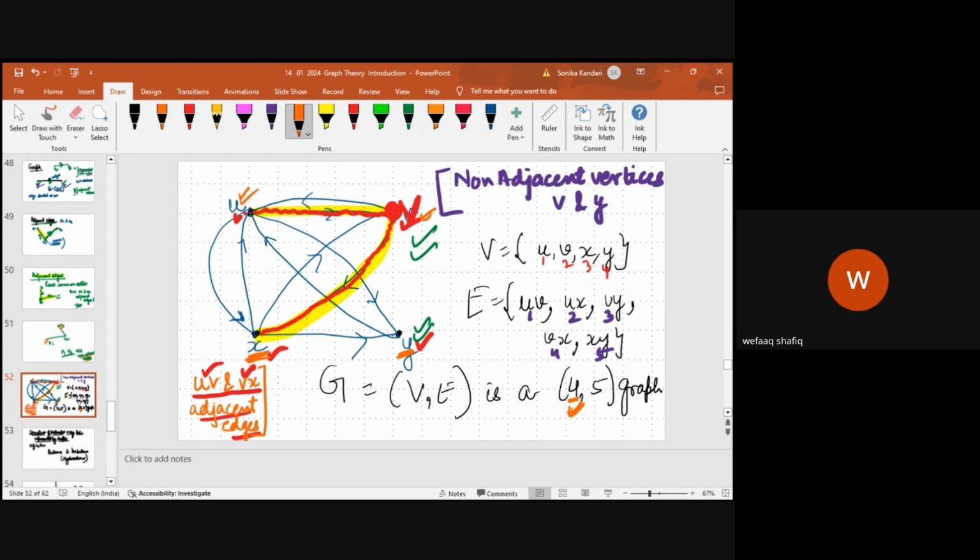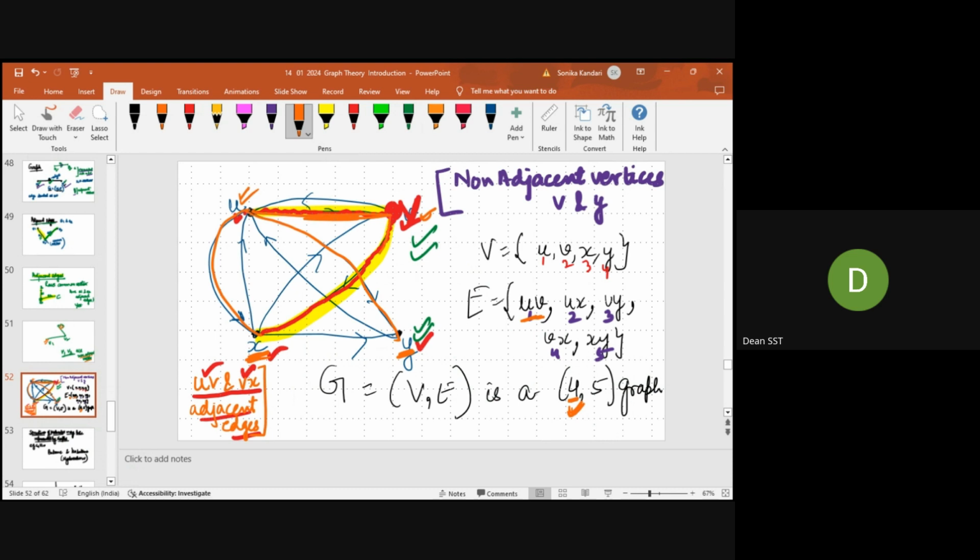It is directional, so I have counted like this: UV, then UX, then UY, then VX.